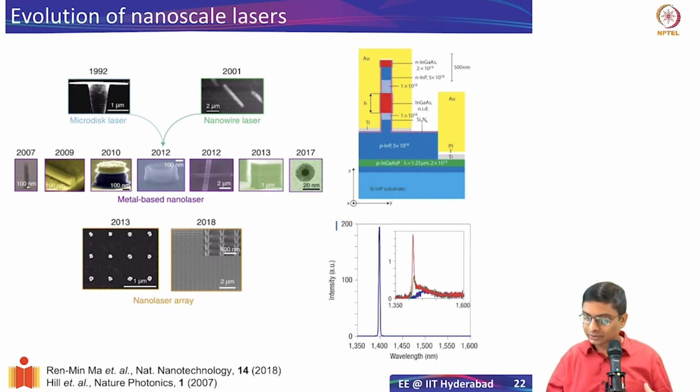The size of this structure is 500 nanometers on the right. So you see that it's larger than the wavelength of light, but the interesting thing is that it's electrically driven. You have a bottom contact, so the holes are injected from here, and the electrons are injected from the top contact, and then they recombine in this region and emit light. So this is an electrically driven laser.